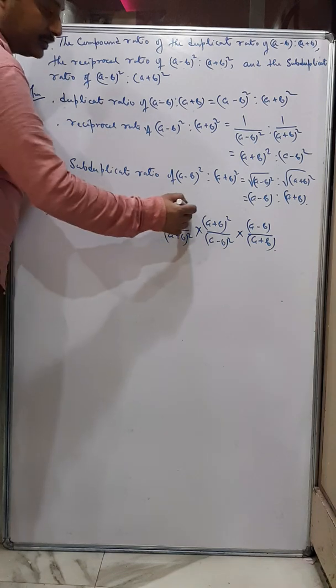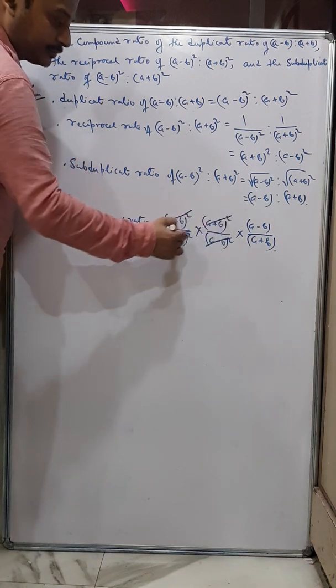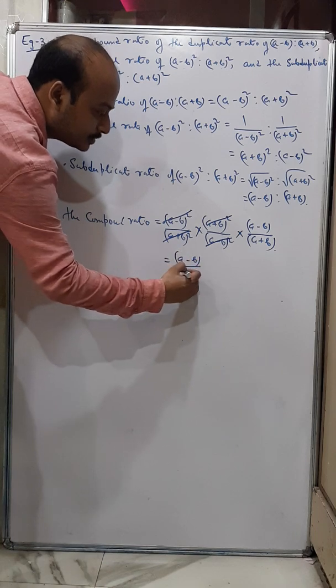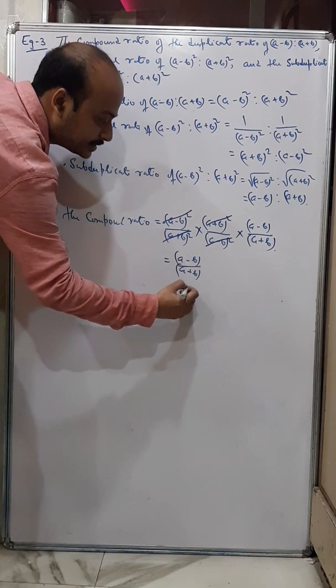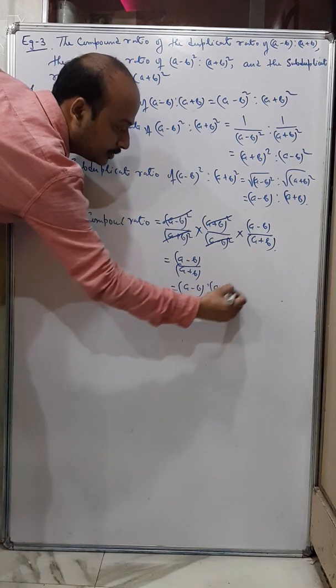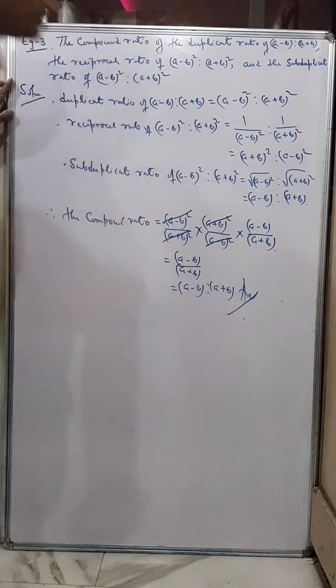So simple. So finally the answer is a minus b is to a plus b. So that's the answer. Okay.